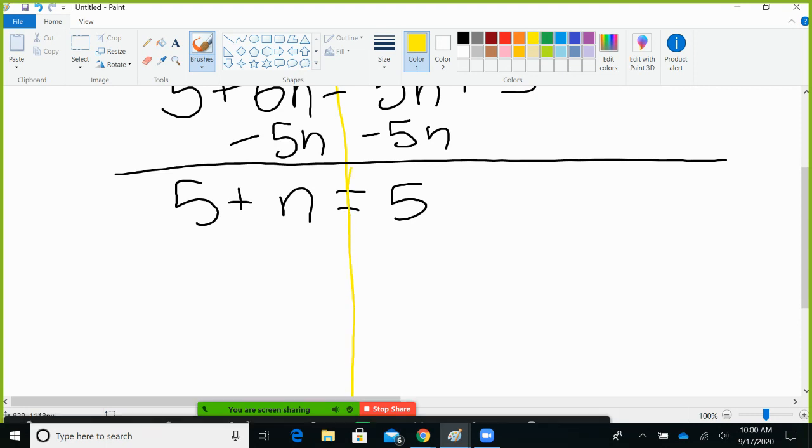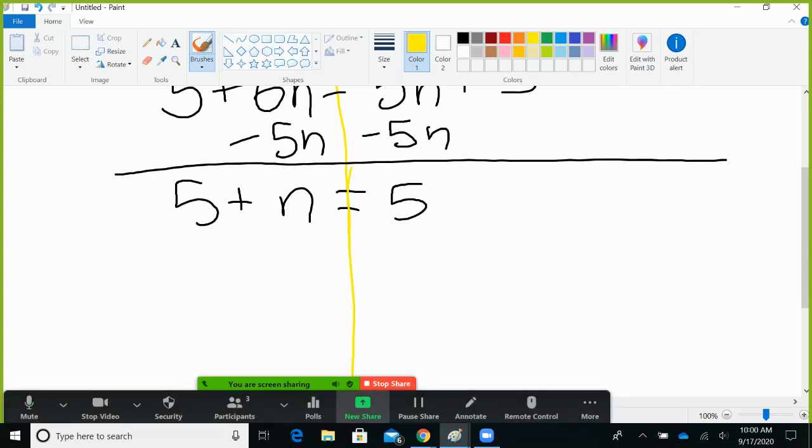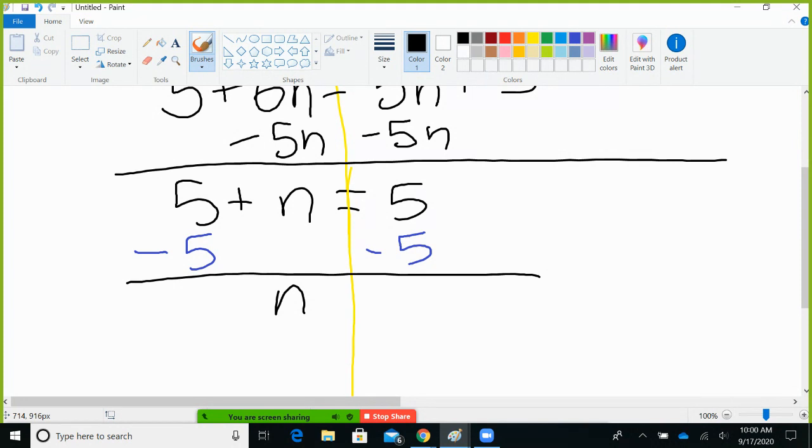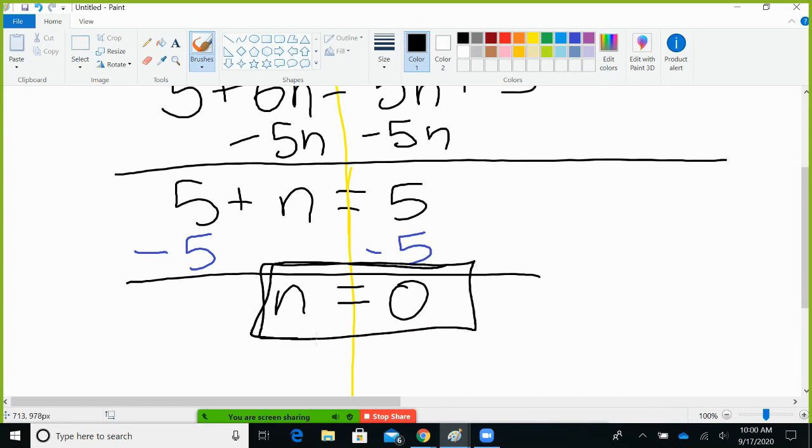And my last step, Cody, what's my last step? Solid. An excellent vocabulary. Last step would be to get rid of that 5 so that we isolate the n. And we have 5 minus 5, which is 0. So we have our answer of n equals 0.